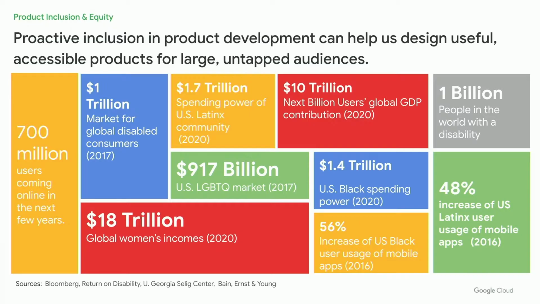Also, Nielsen research shows that between 2015 and 2016, US Latinx users of mobile apps and web grew 48%, Black users up to 56%. 3 billion users are already online, with more than 1 billion getting connected in the next couple of years.